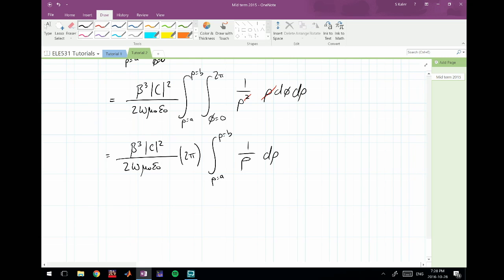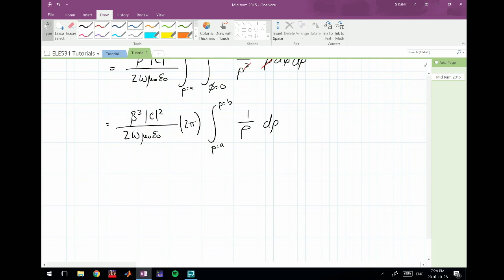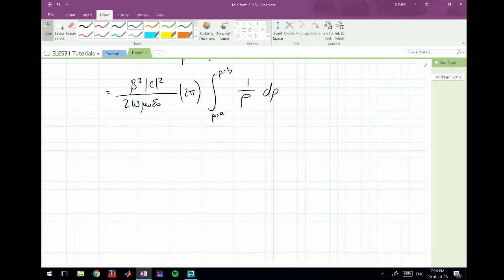And now this integral becomes what? What's the integral of 1 over x? Ln, exactly. So if it's ln of rho, and then you evaluate that at b minus a, it's just going to become ln b over a, because of our log properties.